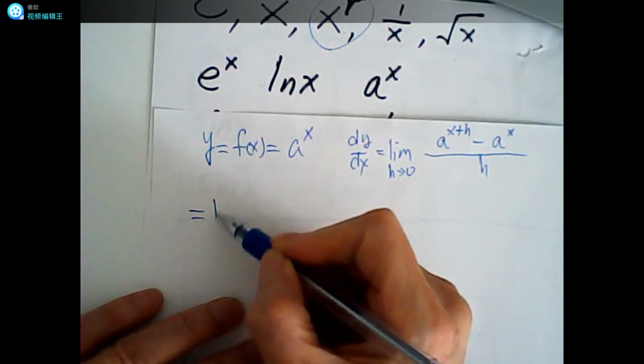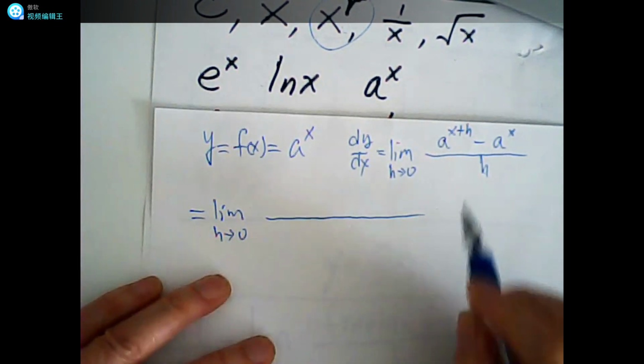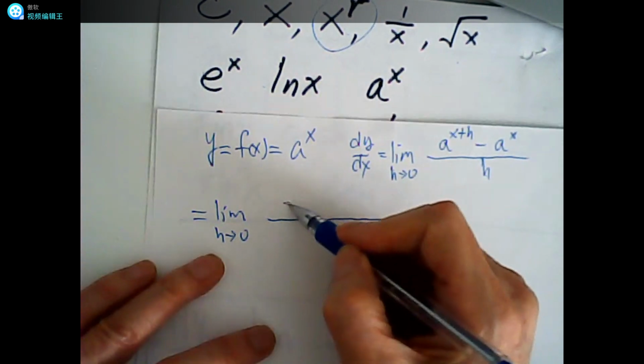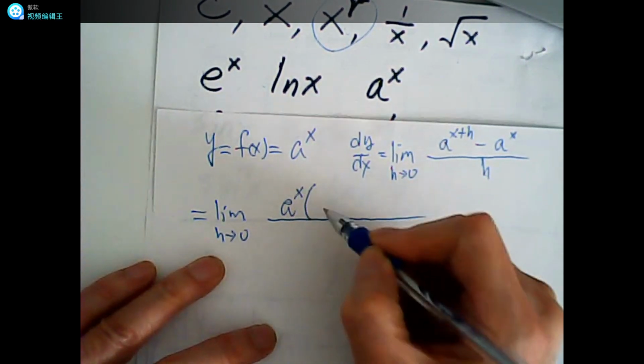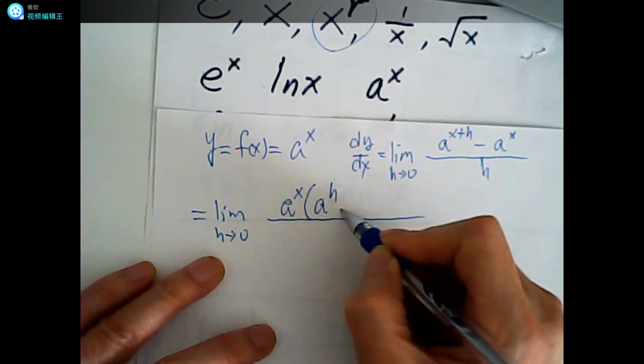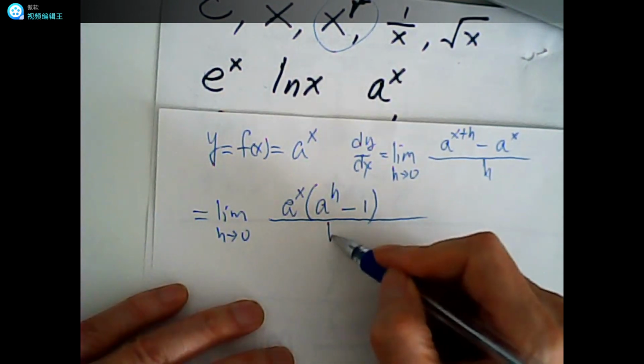Then this is equal to the limit as h goes to 0. There's a common factor: a to the power of x, times the bracket a to the power of h minus 1, over h.